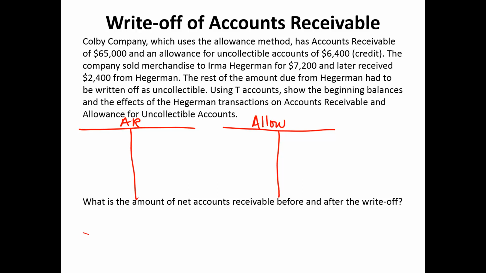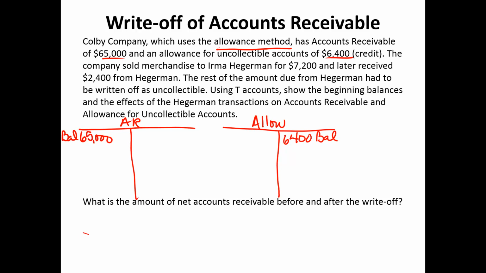It says that Colby Company, which uses the allowance method, which means that this company is accrual based, has an accounts receivable balance at some time during the year of $65,000, and the allowance account has a credit balance of $6,400.